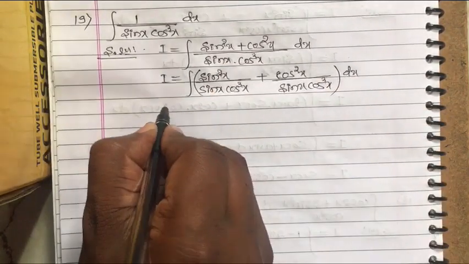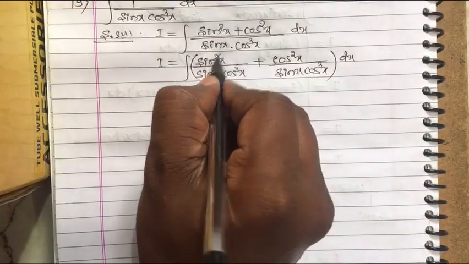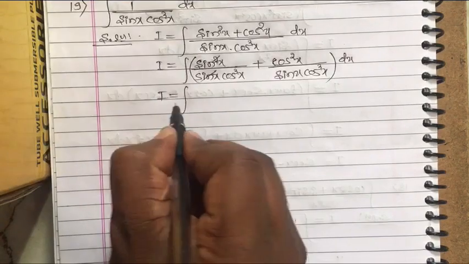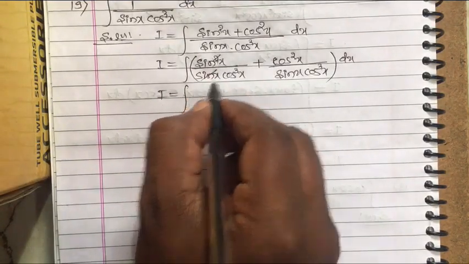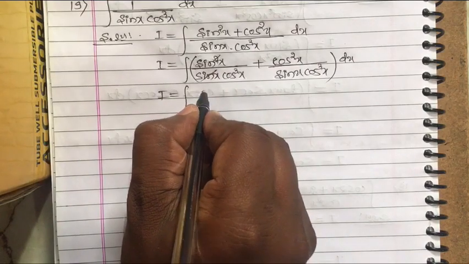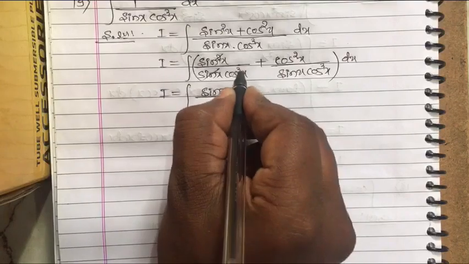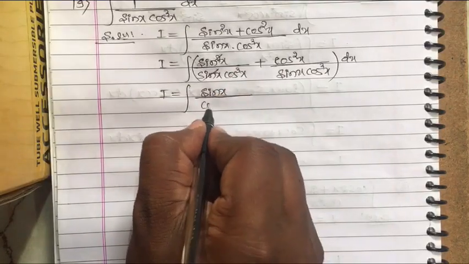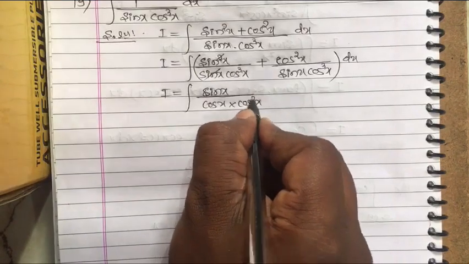Now see here, one sin x and one sin x get cancelled, so we have one more sin x in the numerator, which can be written as sin x divided by cos cube x, written as cos x into cos square x.